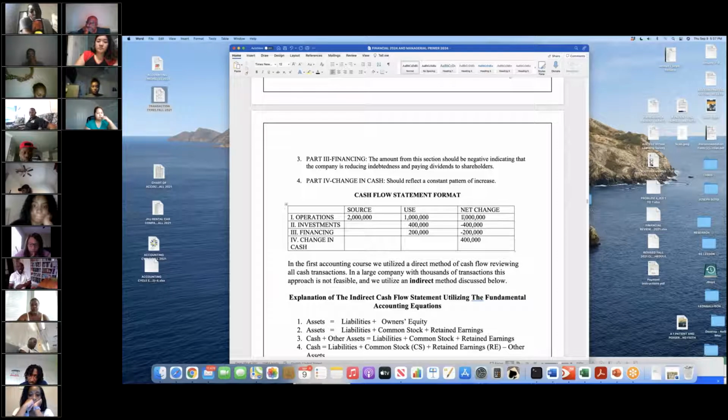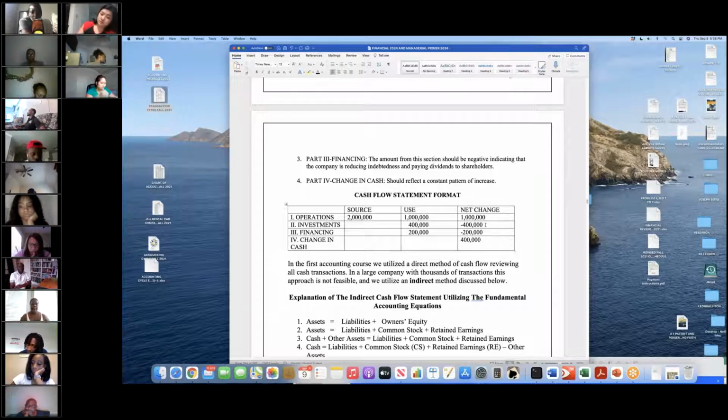If a company does not have a positive net change in operations, you know right away there's a problem. You prefer that investing is negative because the company is expanding. And you prefer financing is negative because the company is paying dividends and paying off debt, and it has cash left over.